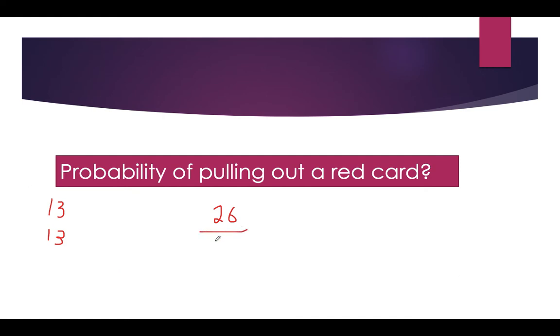And there's 52 cards in the deck. So we get, if we simplify that, probability is 1/2. Kind of makes sense then that if I were to count the probability of the black cards, it would also be 1/2, meaning there's also 26 cards in total, 13 clubs, 13 spades.